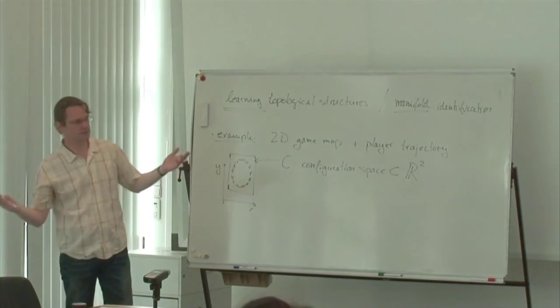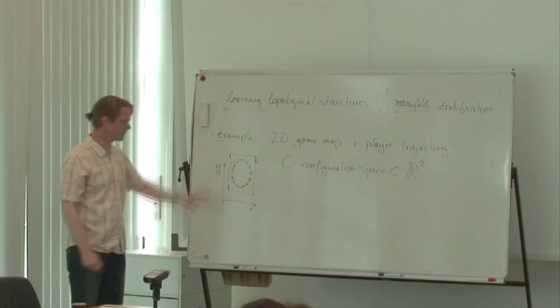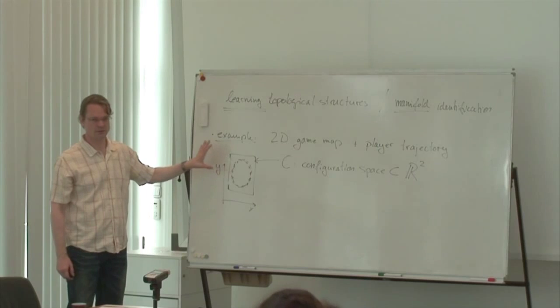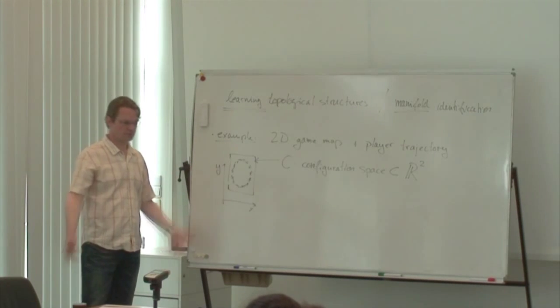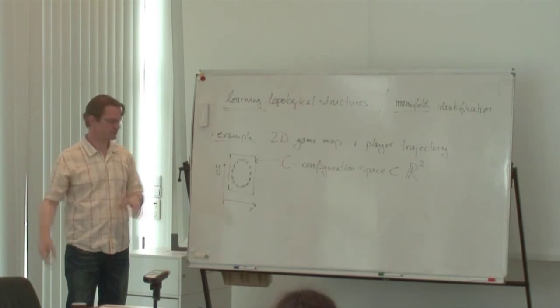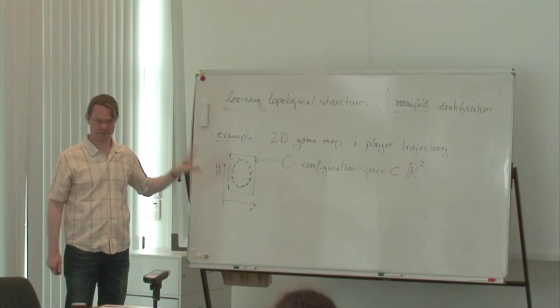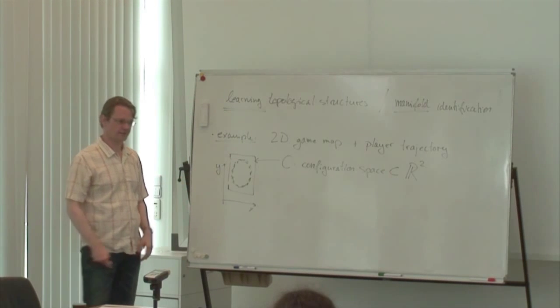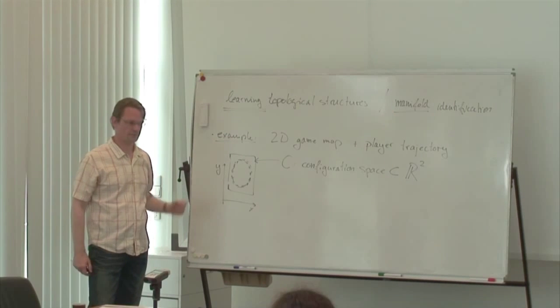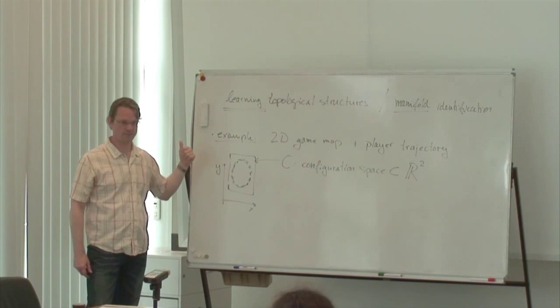And of course, possibly the player, if there are no obstacles, could basically assume any xy coordinate within this rectangle. So every possible configuration, if we agree that a configuration in this context is just a spatial location, is indeed a two-dimensional vector of an x and a y coordinate.